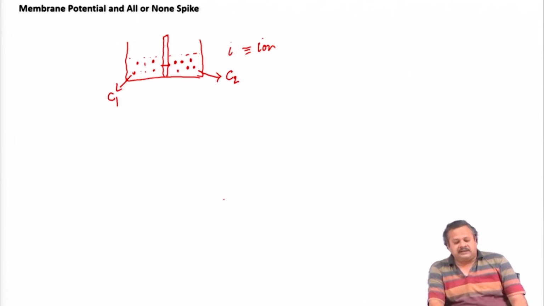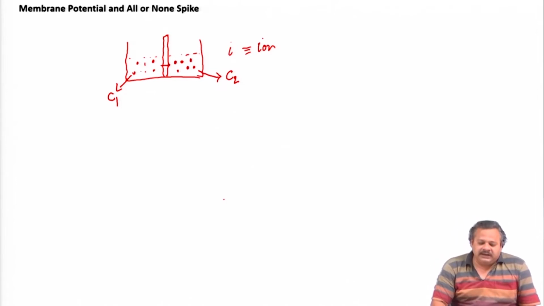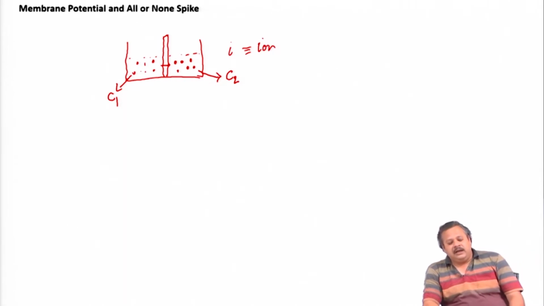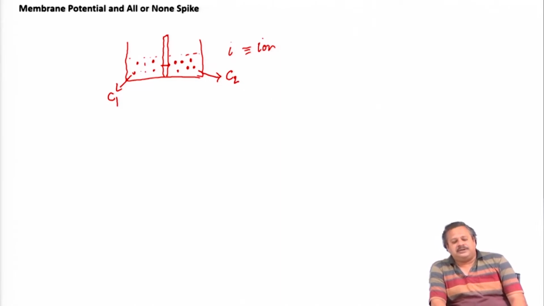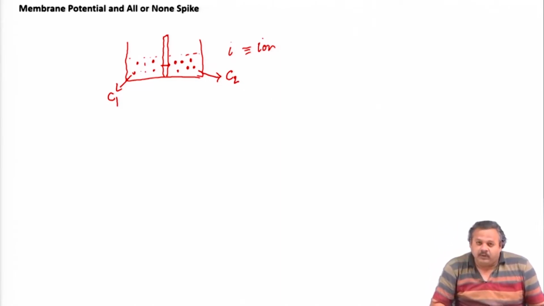However, as there will be a difference in the amount of ions on the two sides, there will also be a potential developing on the two sides. As the ion moves from one side to another, it is the chemical potential that, when counterbalanced by the electrical potential, brings this ion I to equilibrium.